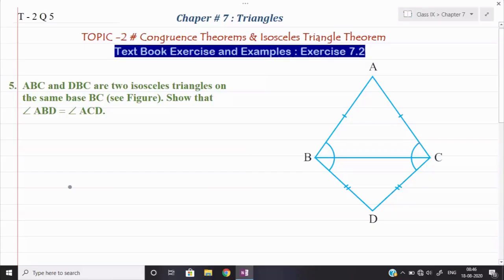First of all, in this question, we'll write down the given things. So here, first I will mention the given.